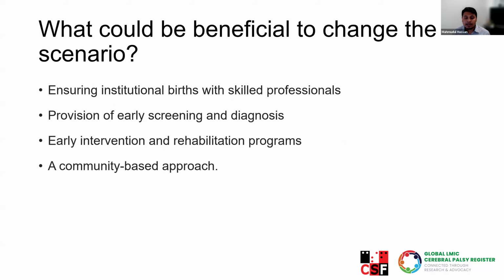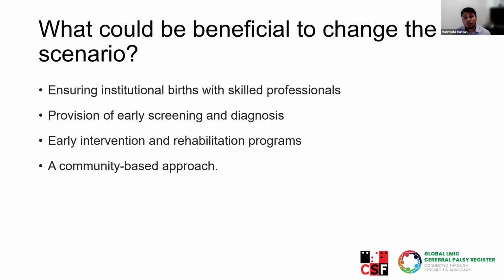So what could be done to change the scenario? Ideally, we need to ensure that all births are attended by health professionals in institutional settings. The Bangladesh government has taken many initiatives to facilitate institutional deliveries and to train skilled birth attendants. However, we are still lagging behind for many reasons, including lack of manpower, resources, and facilities, and most importantly, the use of a top-down approach.